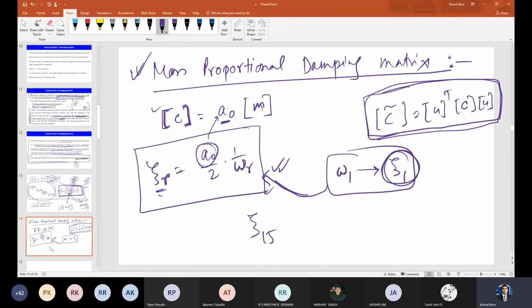Only this one I have given you. Then I am asking you to find the modal damping ratio for the 15th mode. Will you be able to find out or not? If no, then why not? And if yes, then how? How will you find it? Come on, reply.